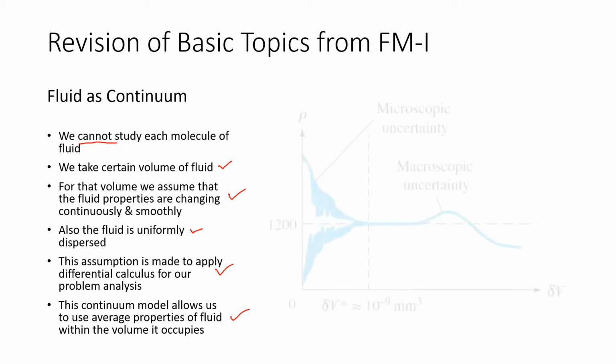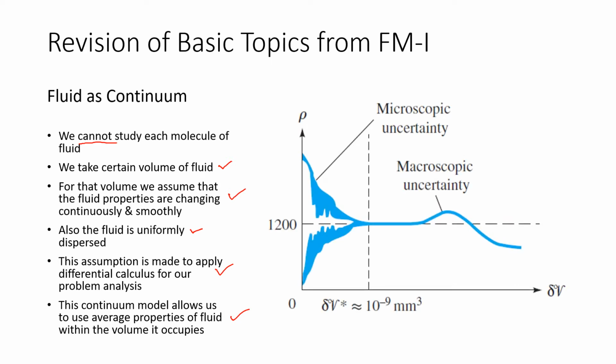For that purpose, we use this graph to explain why we cannot study each and every molecule of fluid. If we go below a certain volume of fluid, we go into the microscopic region, and in that microscopic region the fluid properties change very abruptly, as you can see from this graph.